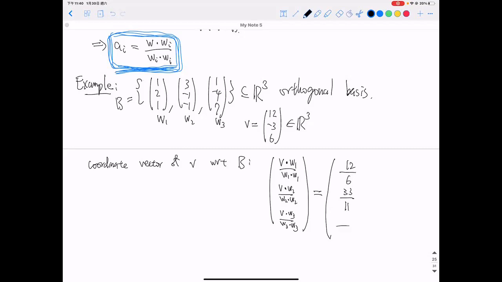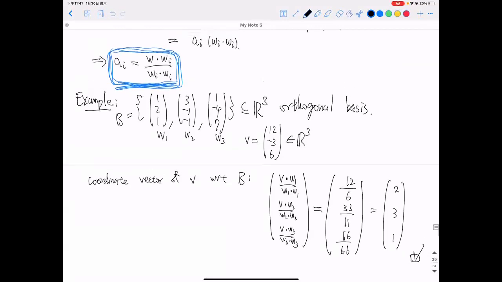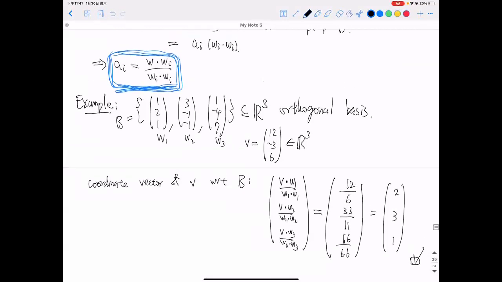And for the last one, W3, I have 49, 66, and 12, 24, 42, 66. And of course, the numbers are chosen so that the outcome is simple. So this is an example of how we apply the previous discussion to find coordinates for any vector with respect to an orthogonal basis.